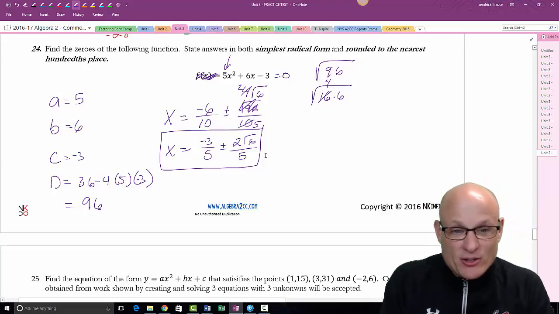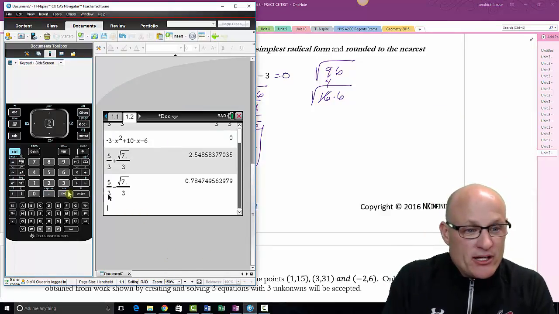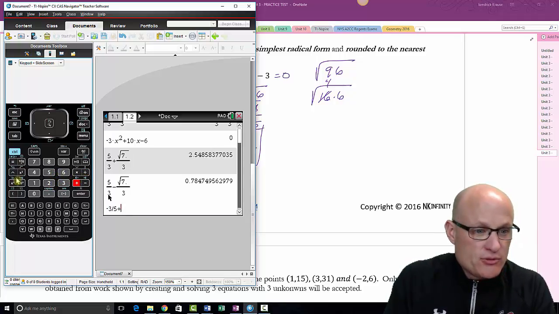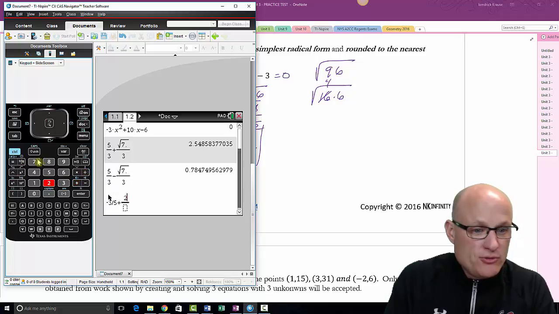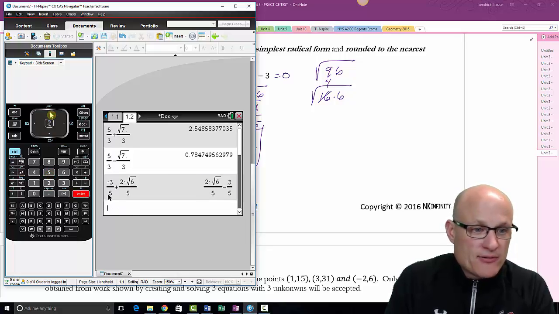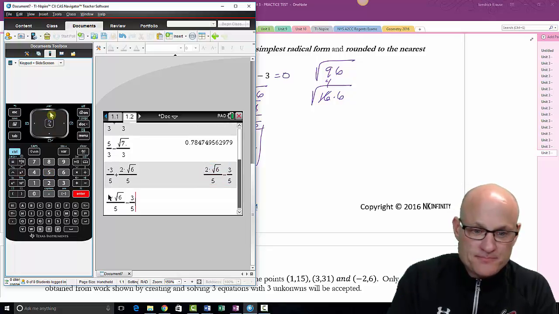in simplest radical form. I got to come over here and say, okay, -3 divided by 5 plus 2 square roots of 6 over 5. I forgot my calculator does some weird stuff.